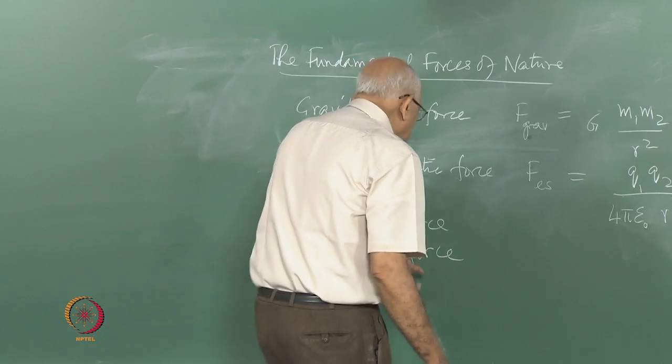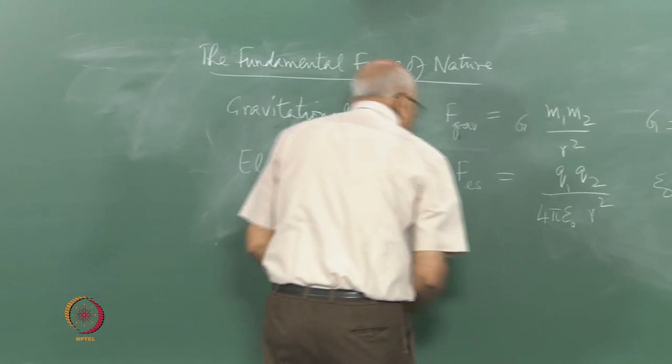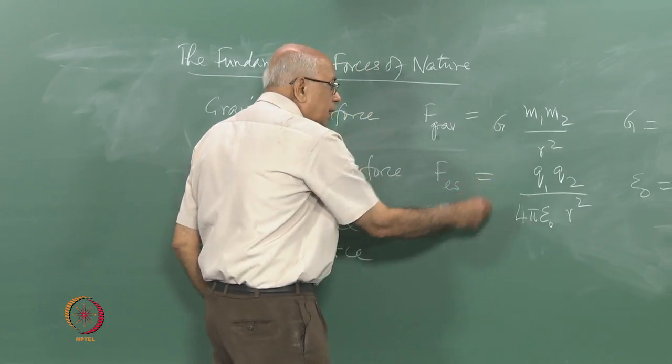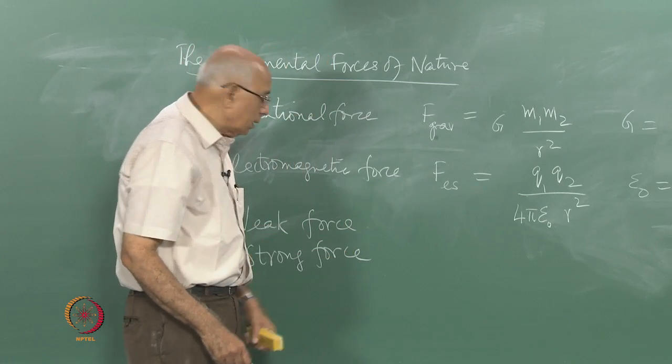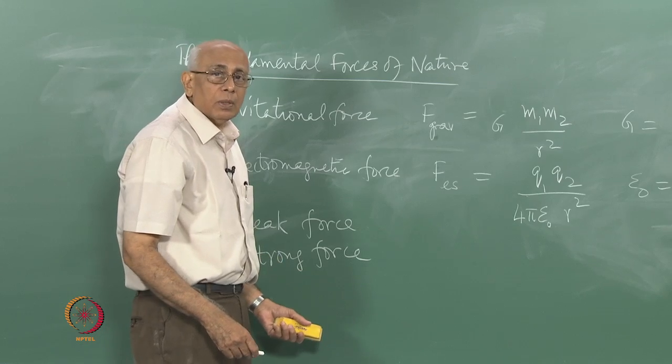Now what about the ranges of these forces? Let me write these down so you can see. There is no simple formula of this kind available in the case of these forces, but they are very, very important all the same.